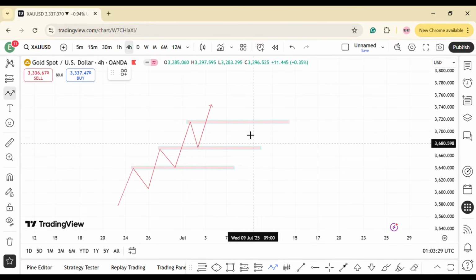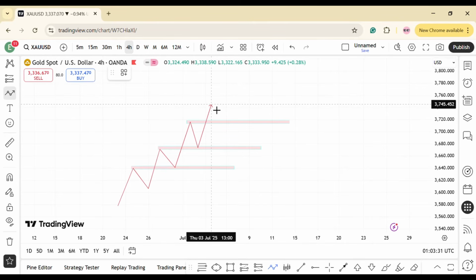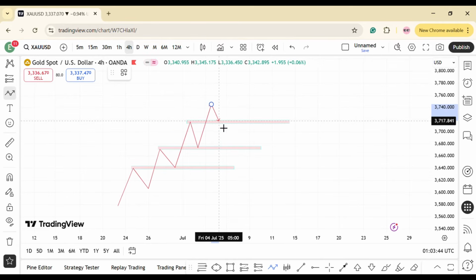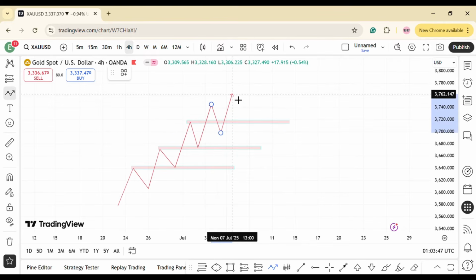Now, this is what you call change of character when the market decides to pull down. Not to break this recent high, because the market can still break it and then boom. So that's not a change of character.